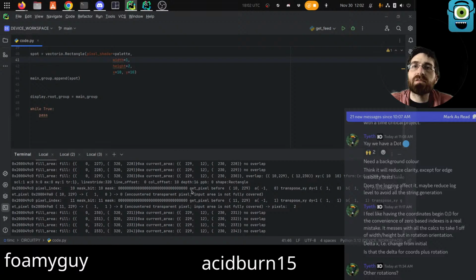Oh, was I looking for fill area fill in the wrong spot? Pixel. Well, I've moved it to 10,10.